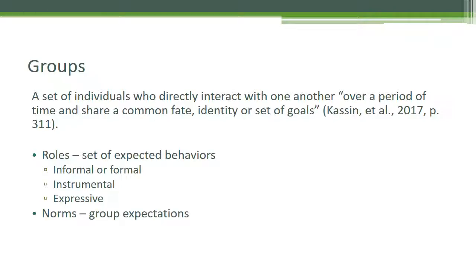Norms are the group expectations. They can be formal or informal. Problems can arise if groups deviate from the norm. In our study this week on the black sheep effect with college athletes and non-athletes, we discussed how group members display extreme negative judgments toward fellow group members who make the group look bad, and how common identity groups such as sports teams have stronger attachments to their groups than common bond groups do.